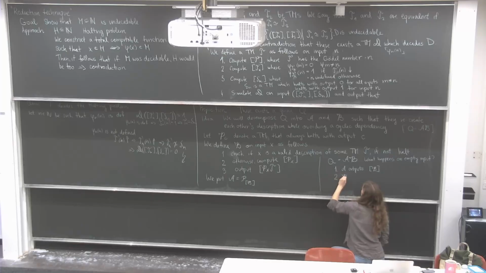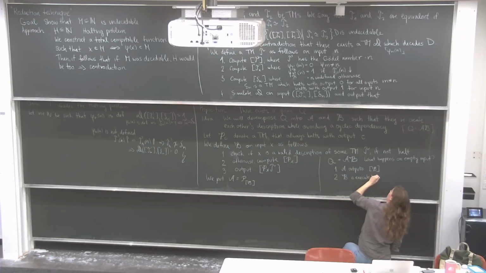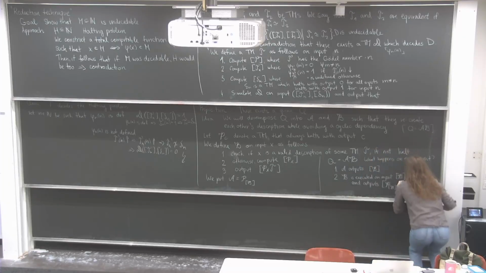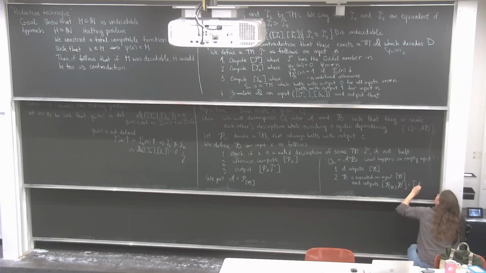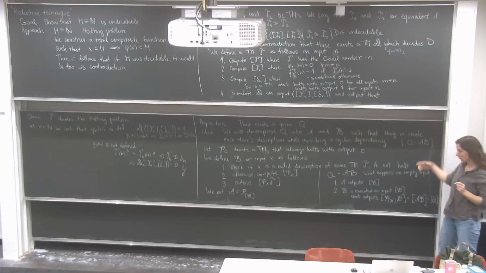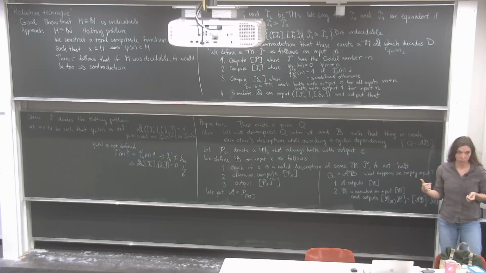Then B is executed on input, which is its own description, and outputs PB composed with B, and PB is A, and AB is Q. So indeed, from an empty input, Q outputs its own description.